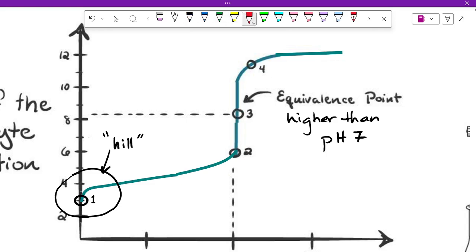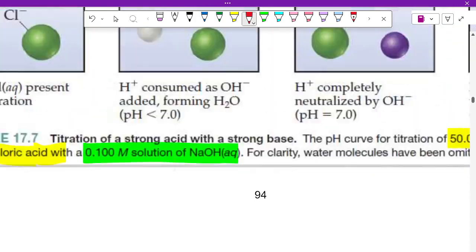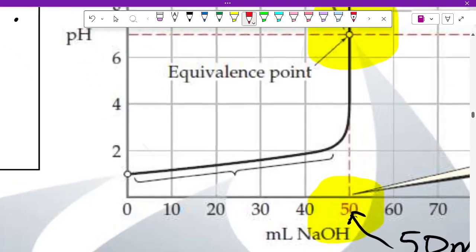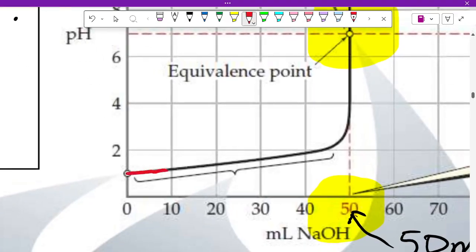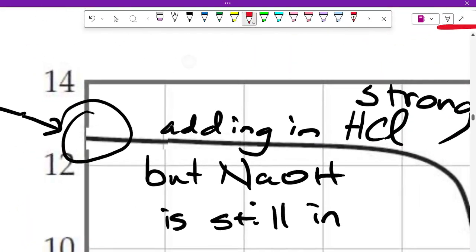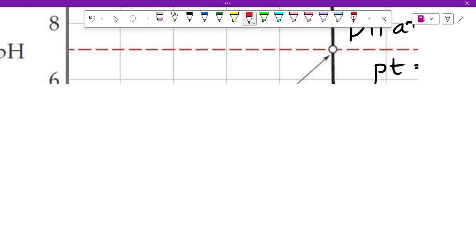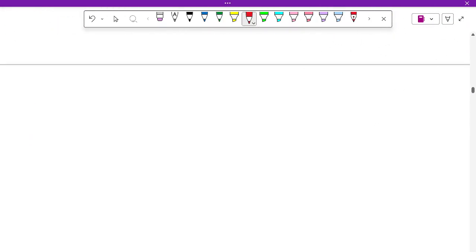Let's go look. Where's the hill? Is there a hill in the strong acid, strong base one here? No hill. But when we get into a weak acid, strong base, we get a hill.